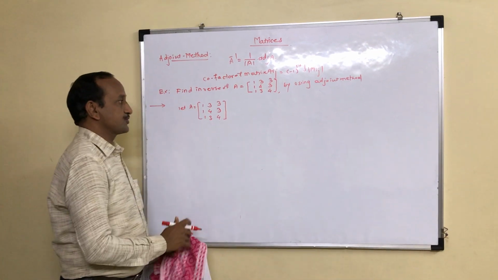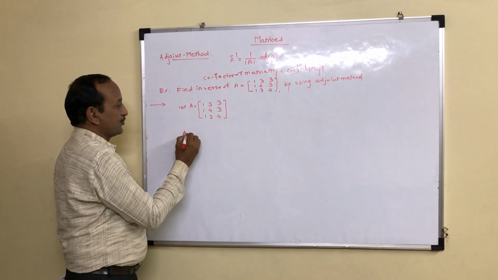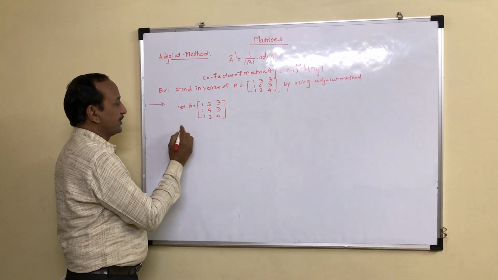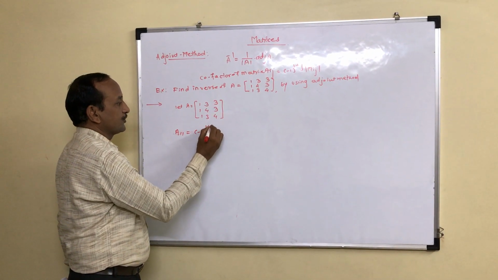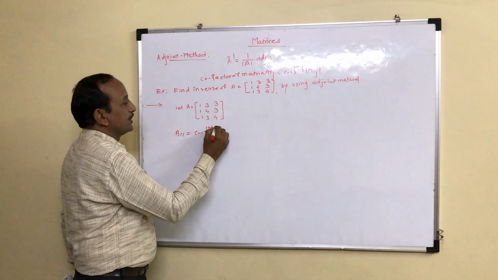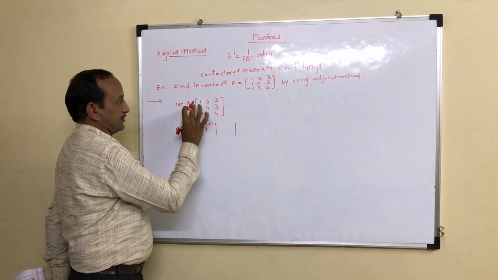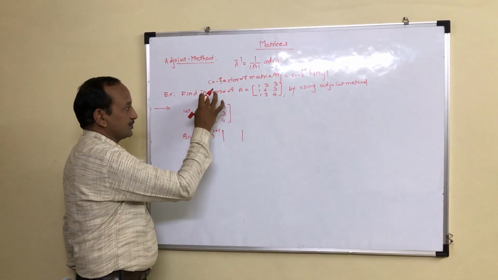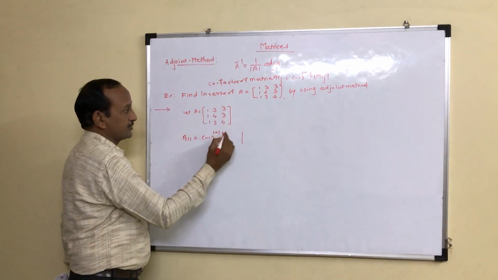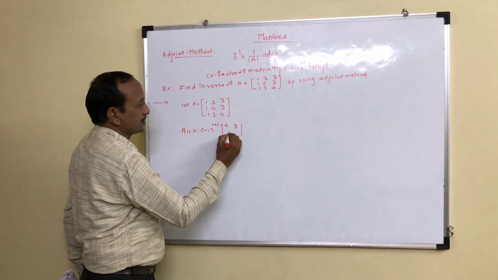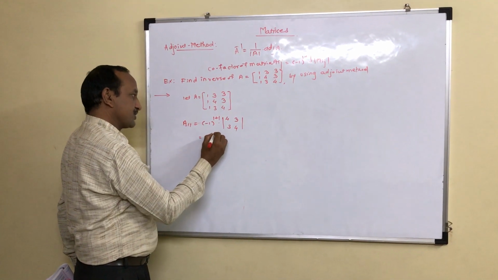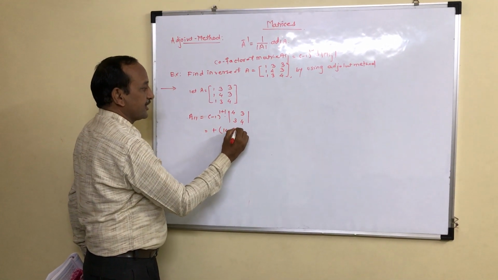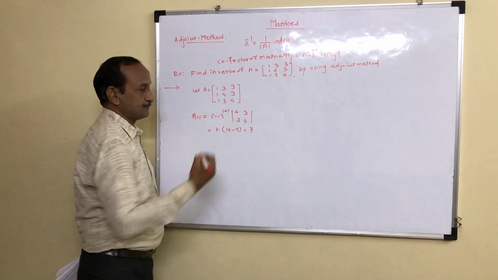First find the cofactors of this matrix. A11 is equal to minus 1 raised to power 1 plus 1 into M11, delete the first row first column, minor is 4 3 3 4, plus into bracket 16 minus 9, which is 7.